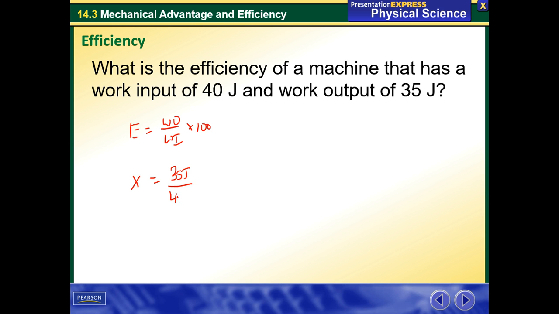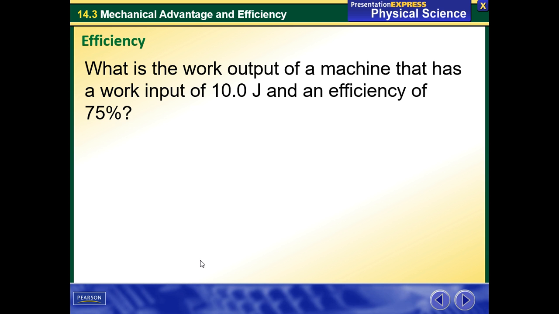Work input is 40 joules. We're going to multiply that all by 100. So if you do 35 divided by 40 times 100, you're going to see that this comes out to be about 87.5% efficient. So this is a relatively pretty efficient machine.